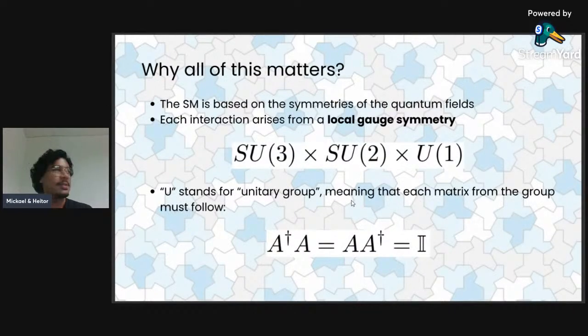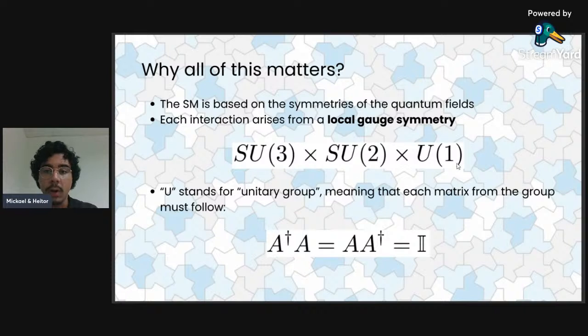But why does all of this matter, why am I talking about triangles and symmetry group theory? It is because the standard model of particle physics is based on the symmetries of the quantum fields of the particles. And each local gauge symmetry of the fields gives me an interaction of the standard model. So I have these three groups that compose the standard model.